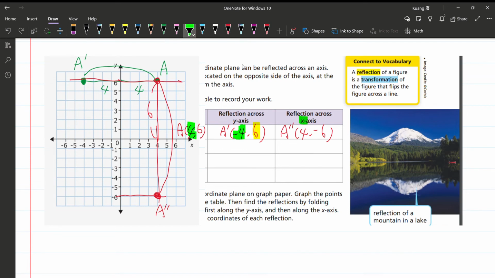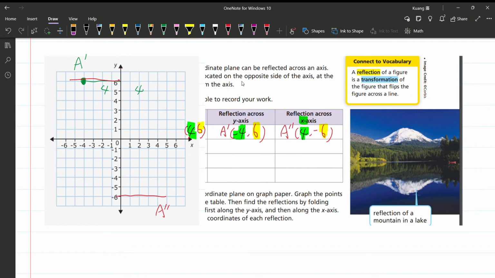Across x means the x coordinate is the same. And the y coordinate is opposite, which means one is positive, the other is negative, but they have the same absolute value, which is 6.